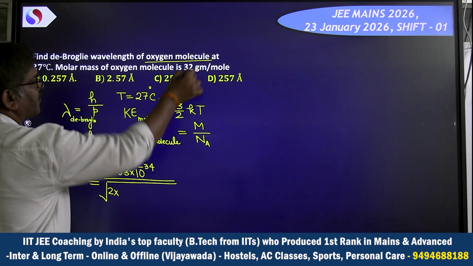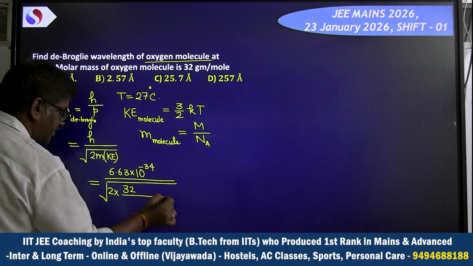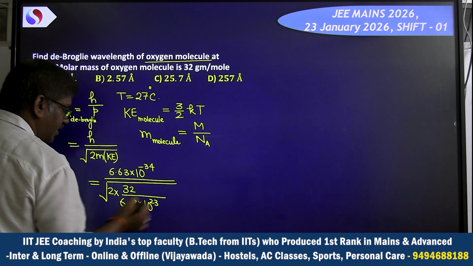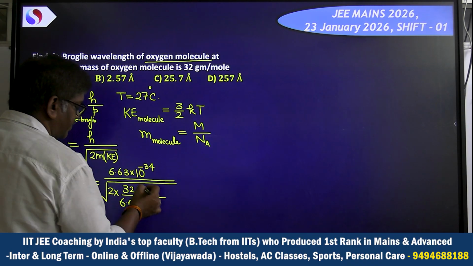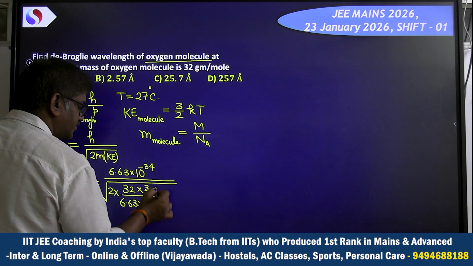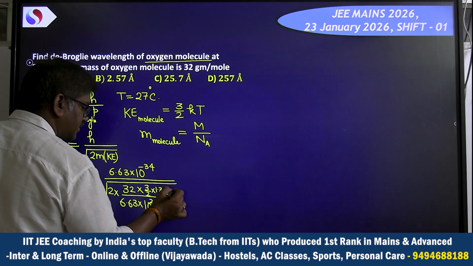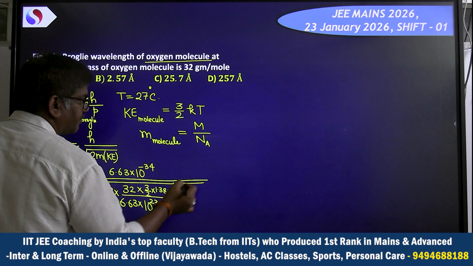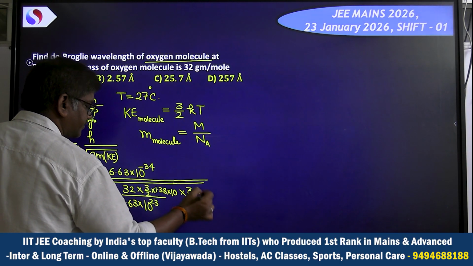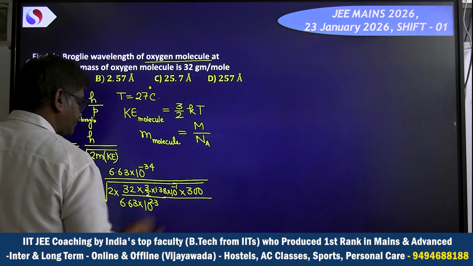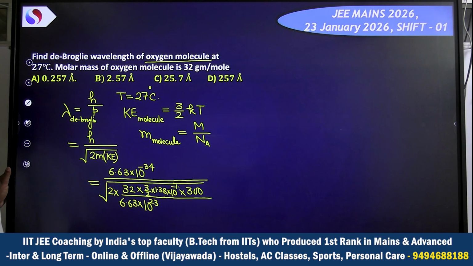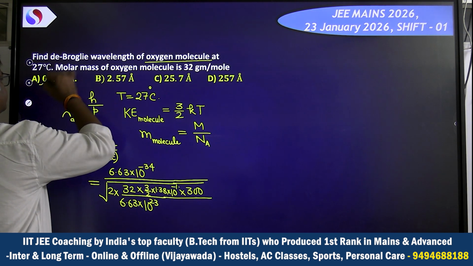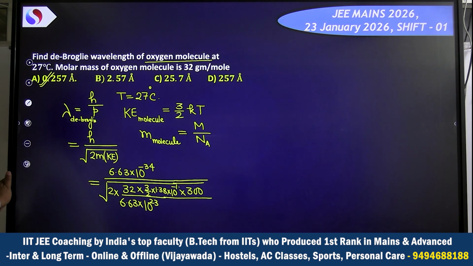Molar mass is given to you, 32 divided by Avogadro number, that is 6.63 into 10 raised to the power 23, into kinetic energy 3 by 2 kT, with k 1.38 into 10 to the power minus 23, and T is given to you, 300. After all this calculation, you will get the answer as A. What is the correct answer? A.